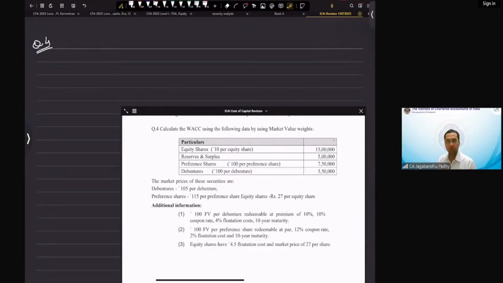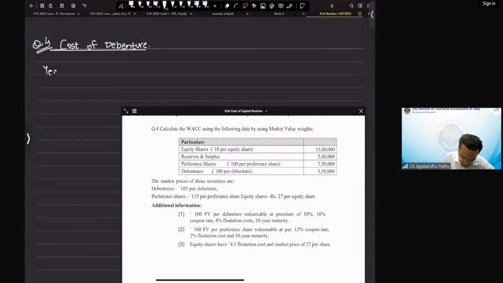So we'll first talk of calculating the cost of debt. Let's talk of calculating cost of debenture.